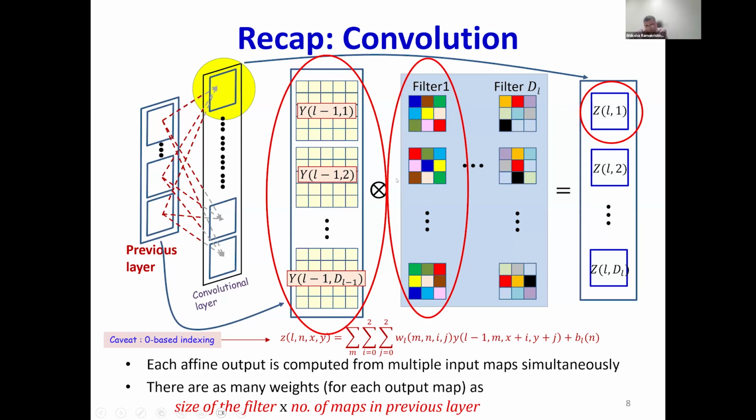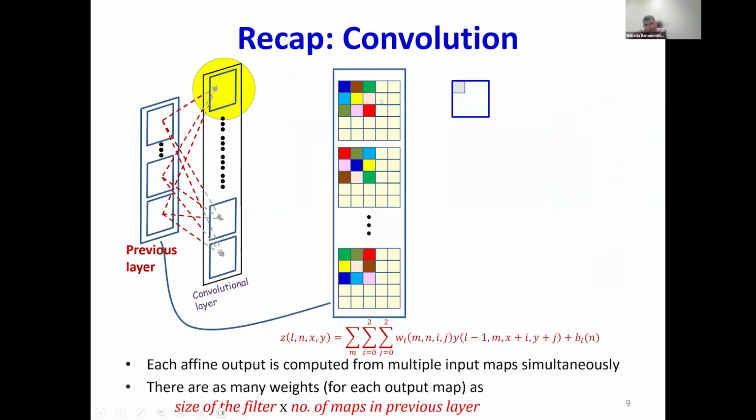And so here's how the computation of any given output affine map was performed. Corresponding to each output affine map was one filter. This filter convolved the set of input channels, and we did it like so. You could place the filter on the top left corner of these maps, and then you'd compute an inner product, which is basically a pointwise product of the filter parameters with the underlying map, and then you summed over the entire filter and across all the channels, and you could add a final bias term.